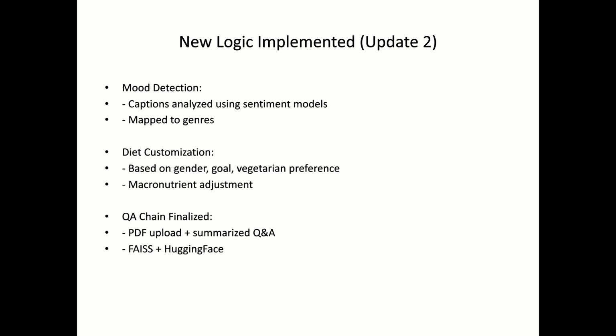Here the users can upload PDFs, ask any questions, and get clear, summarized answers powered by LangChain's Q&A chains and FAISS. So these improvements make the chatbot smarter, more personalized, and much more useful.